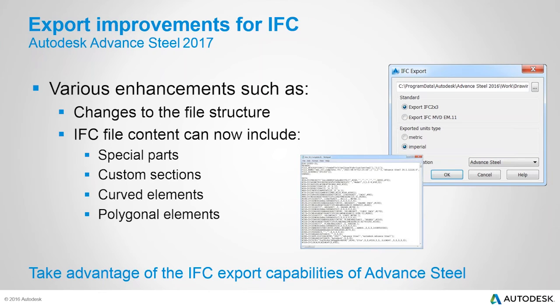We can't guarantee what other packages can or can't include, and we can't guarantee whether they can import all this data or make a lot of sense of it, but it's all defined accurately according to the IFC standards. So you can be sure that we've got the best possible exports of your Advanced Steel data, and you are fully compliant with all BIM standards currently going. So that will be reassuring.